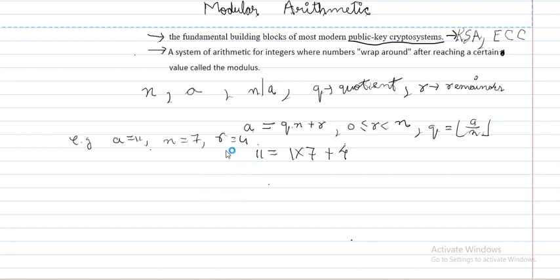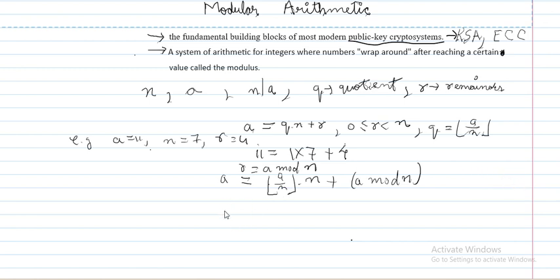Suppose r is equal to a mod n. Then we can write the above expression as a is equal to floor of a by n times n plus a mod n, where r is equal to the remainder, a mod n.